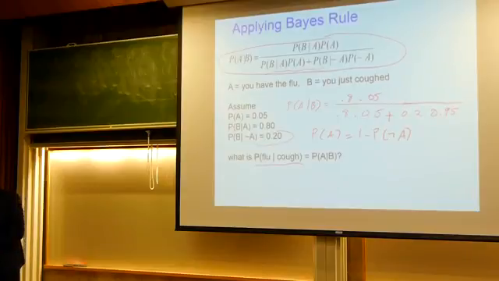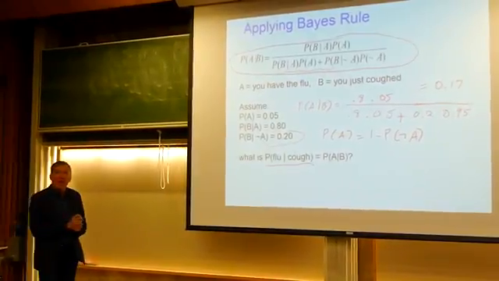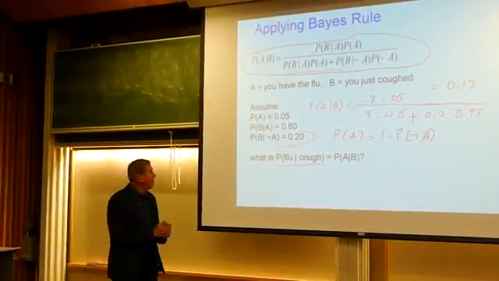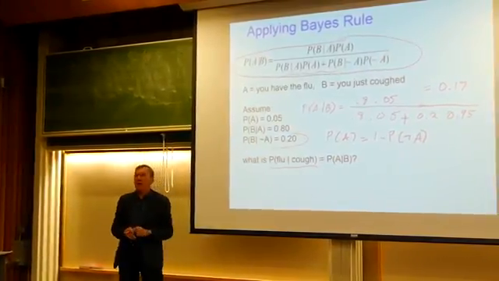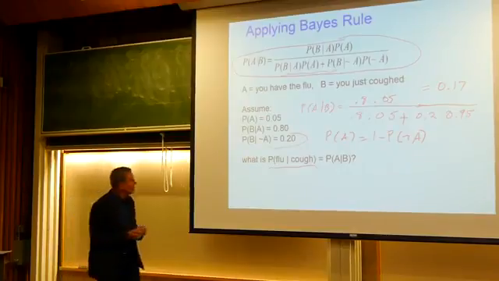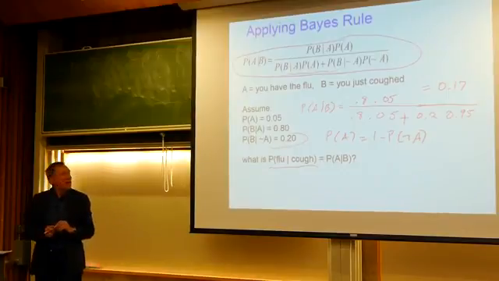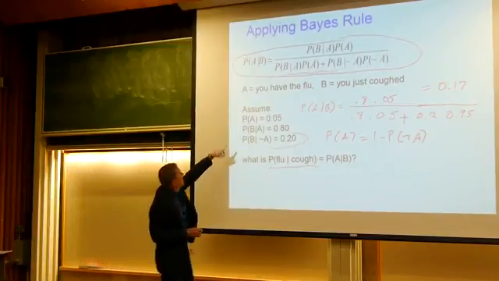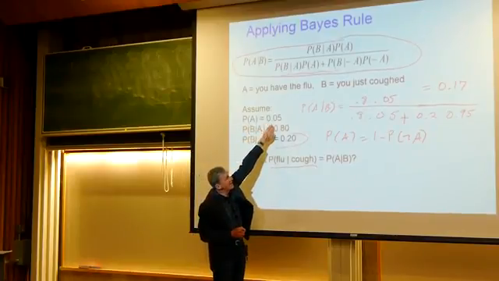Okay, so if we plug these in, I did the arithmetic in advance. The probability that you have the flu given that you just coughed is 0.17 if you believe in these priors. So you shouldn't worry too much, because remember, the prior probability that somebody had the flu was only 5%.